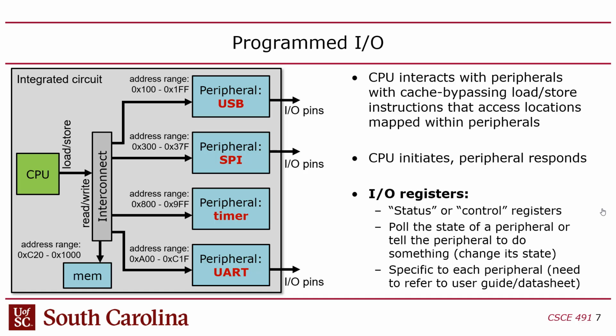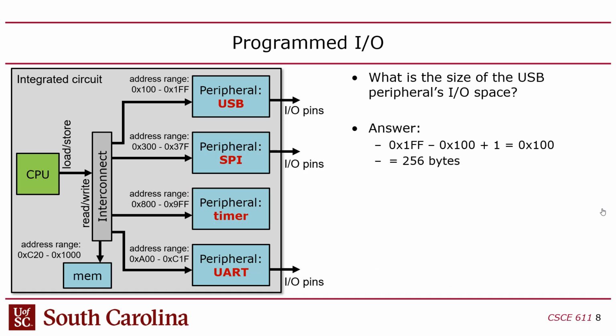That's the idea. So I might ask you on the quiz, for instance, what is the size of the USB peripheral I/O space? To calculate the size, you have to unfortunately do some hexadecimal math, which is annoying.